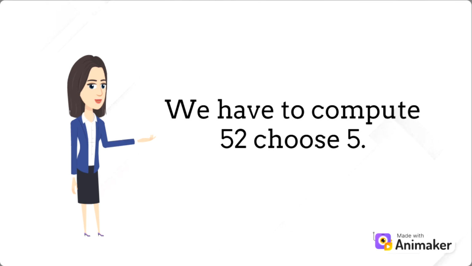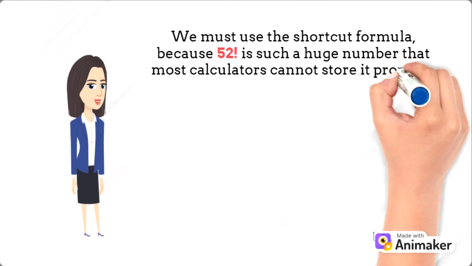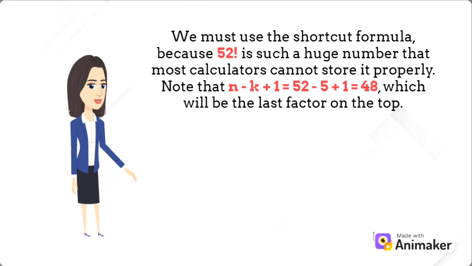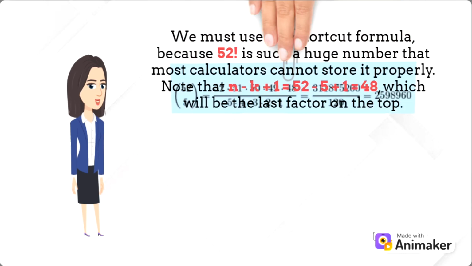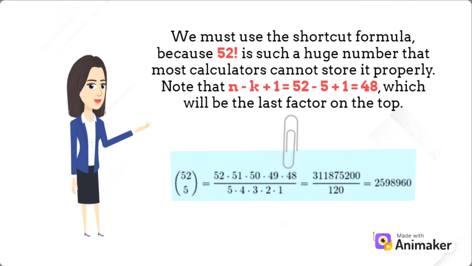Now in this case, we must use the shortcut formula because 52 factorial is such a huge number that most calculators cannot store it properly. Note that n minus k plus 1 is equal to 52 minus 5 plus 1, which is equal to 48, which will be the last factor in the top.